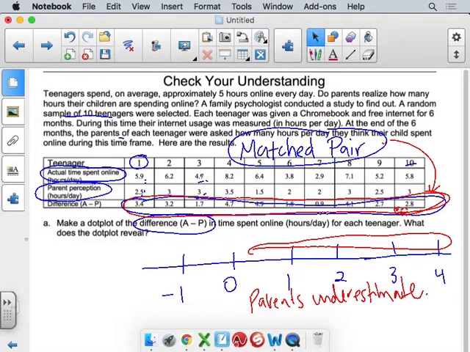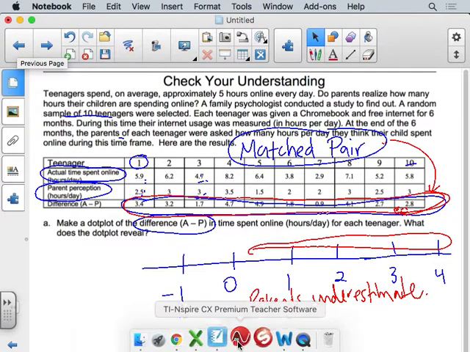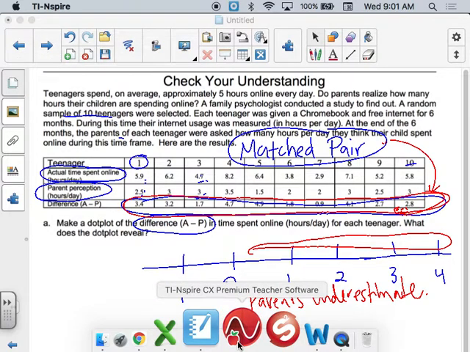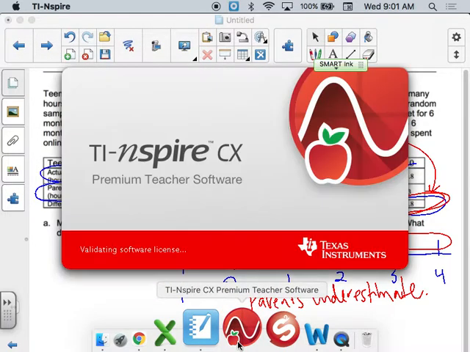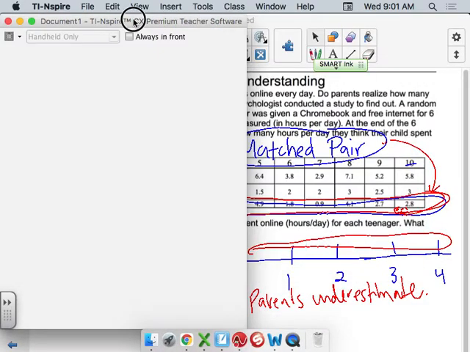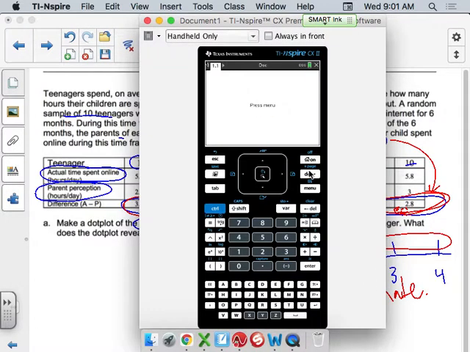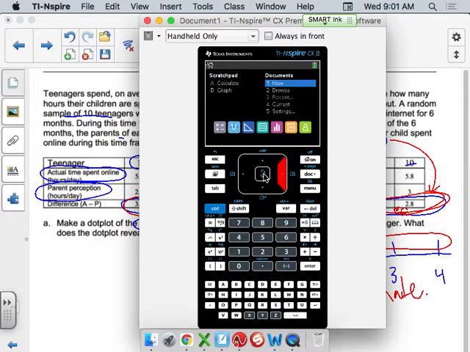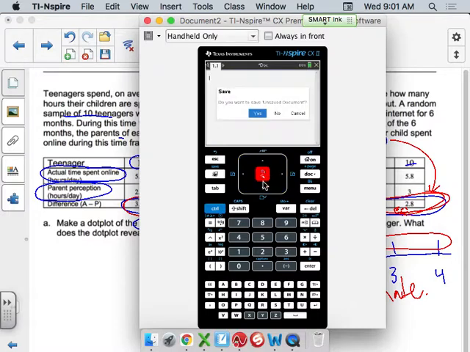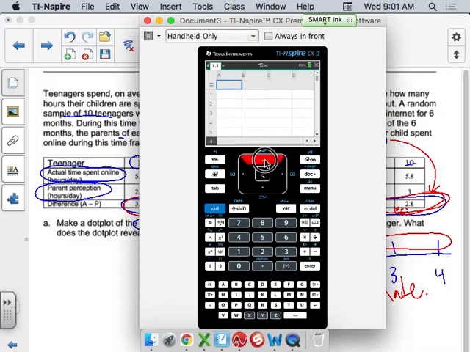So what I'm gonna do is put this on the calculator so that the recording can see it. I'm just gonna put it in the calculator and get my X bar and my standard deviation. I'm gonna make a new document, make a list.